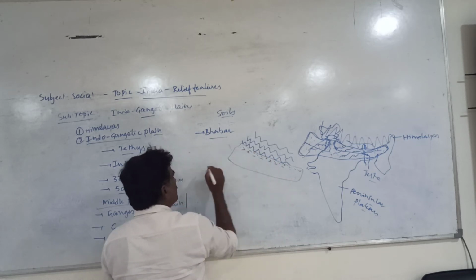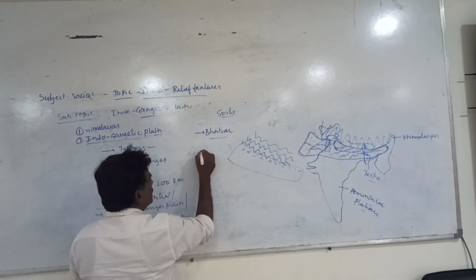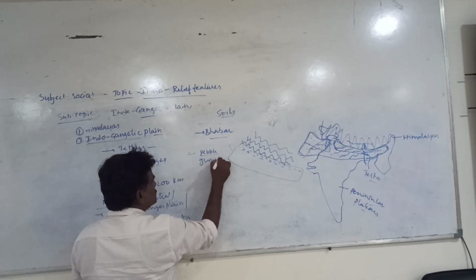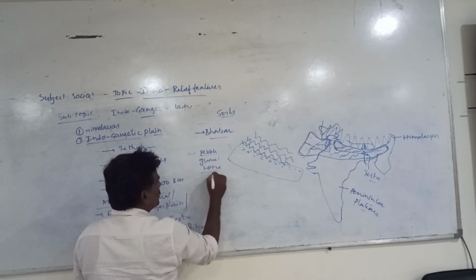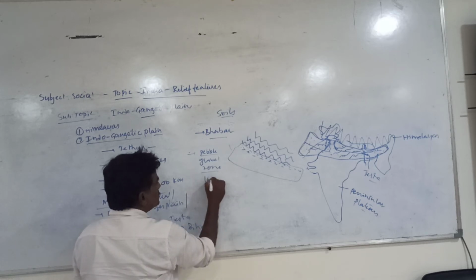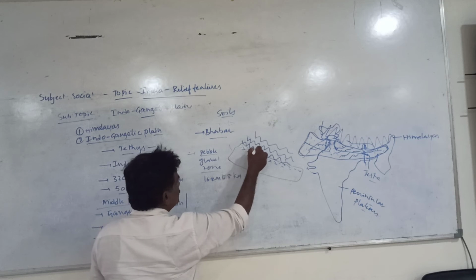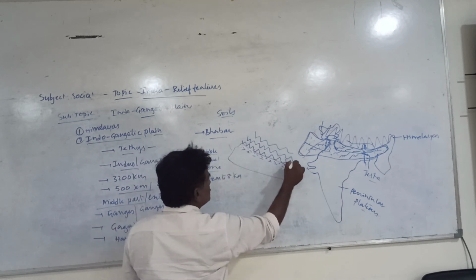I am talking Bhabar, nothing but pebble, gravel zone with a width of 16 kilometers to 8 kilometers to the south of Sivaliks. These are Sivaliks, right? Sivaliks.